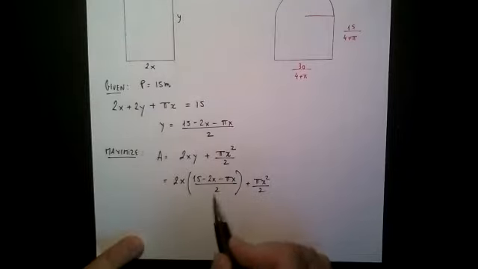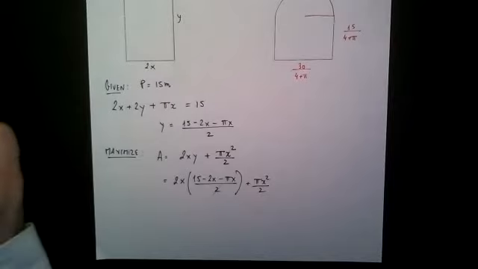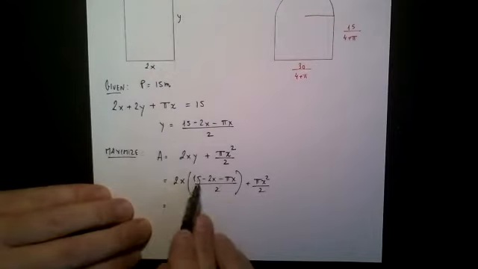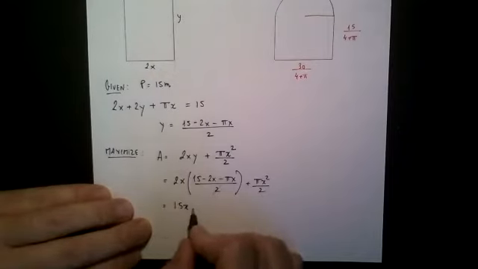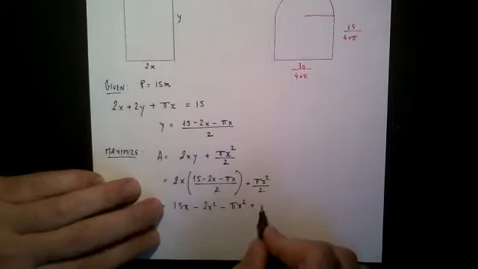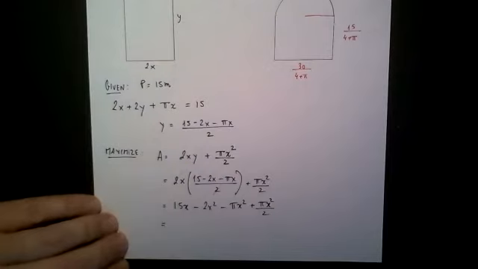Okay, I could cross all the 2's. And so if I distribute the x, I have 15x minus 2x squared minus pi x squared plus pi x squared over 2. This is my function for the area.